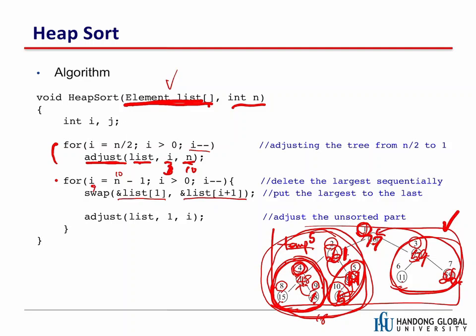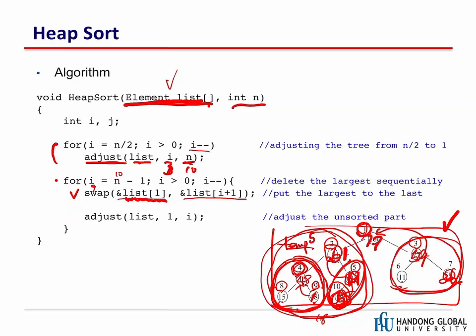So I is 9, so I plus 1 is 10. So list 10 is the last element and list 1 is the first element. And by the way, list 1 is the root node, which is the largest element. And we actually swap the largest element with the last element. So now, after this swap, the largest element is here at the last node.